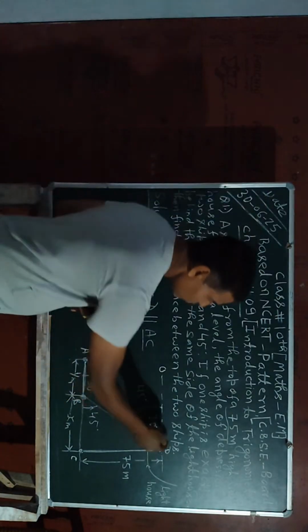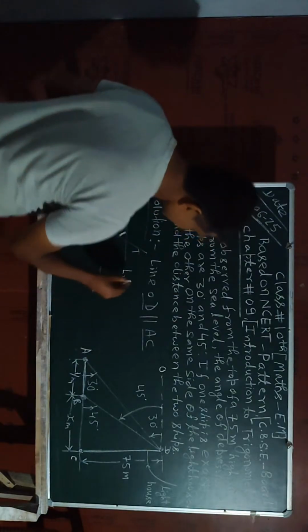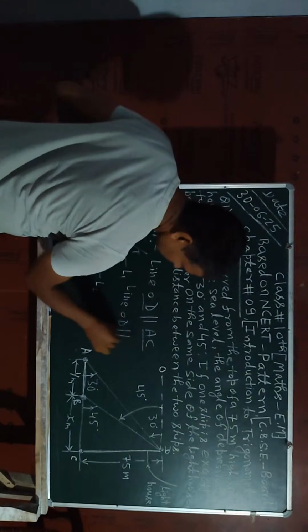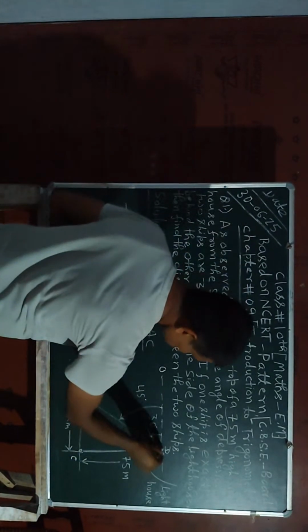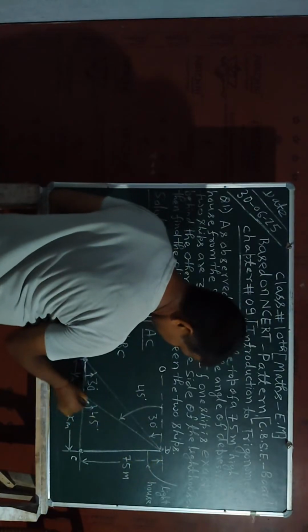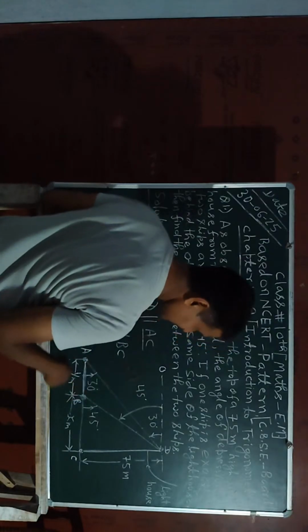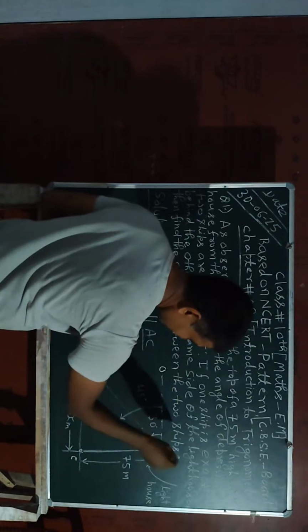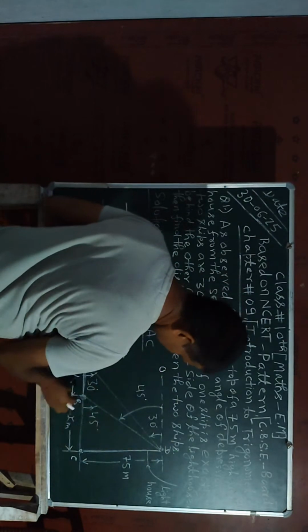Similarly, consider lines OD and BC. Line OD is parallel to BC, and the line BD is the transversal of lines OD and BC.